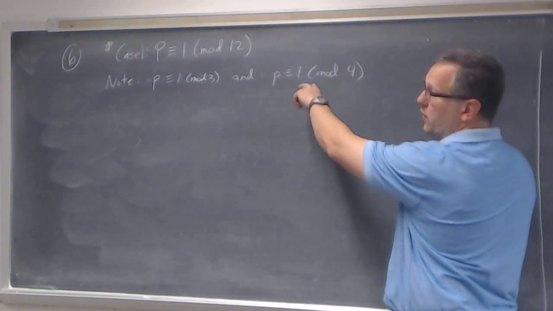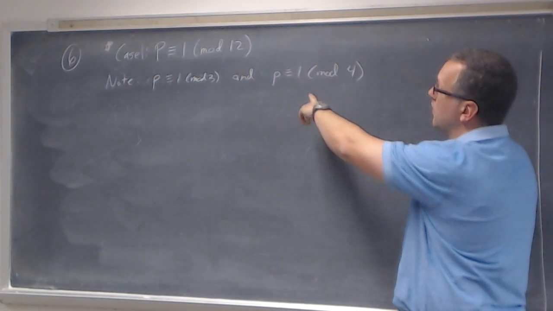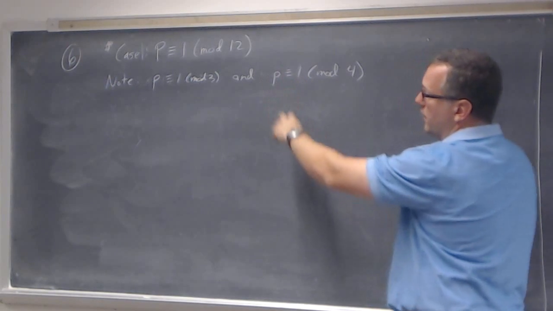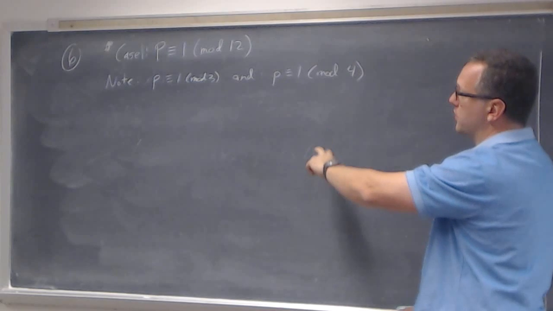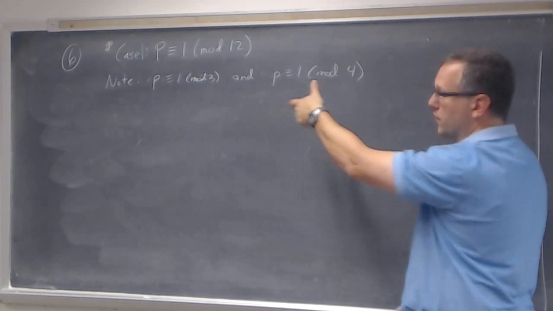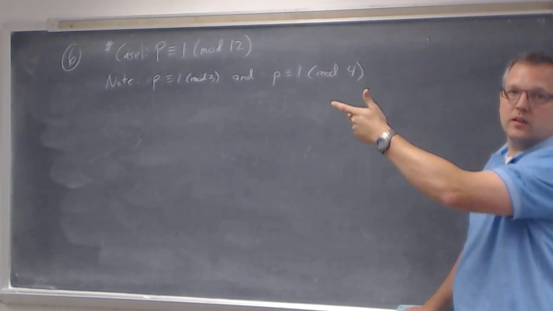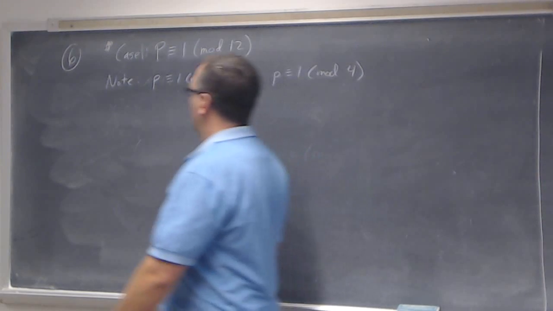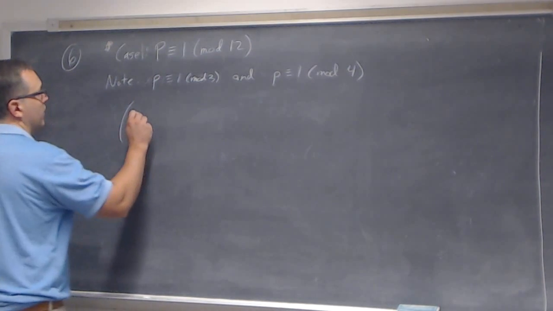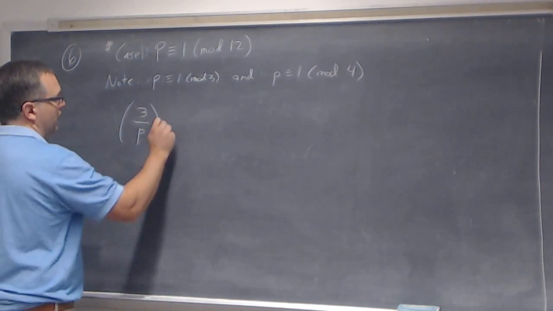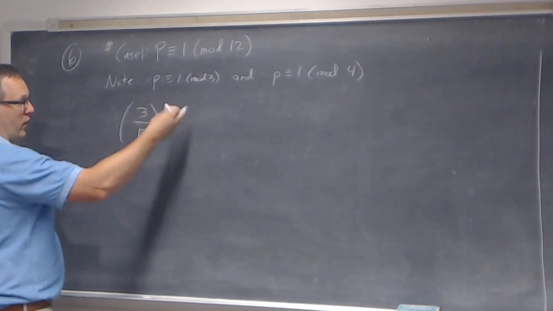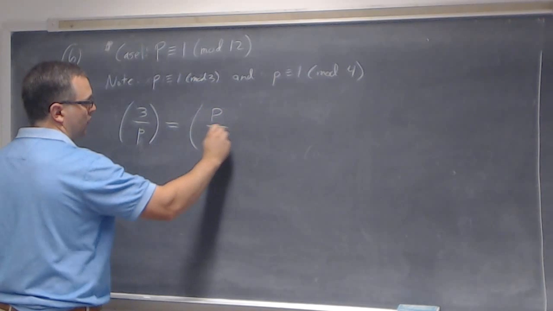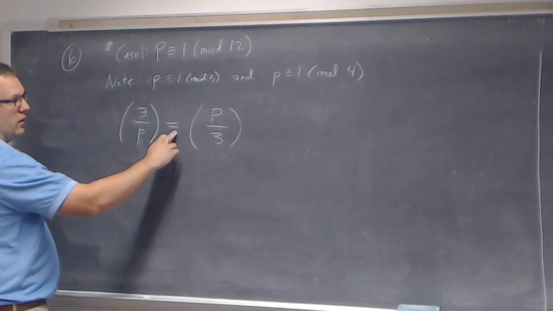This is important for the law of quadratic reciprocity, because if you have a Legendre symbol, and either the top entry or the bottom entry is congruent to 1 mod 4, then you can flip the entries and you don't have to introduce a negative sign. So start out with this one, and since P is 1 mod 4, when I flip it, I don't need a minus sign.